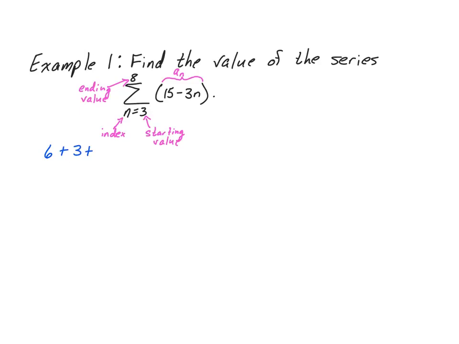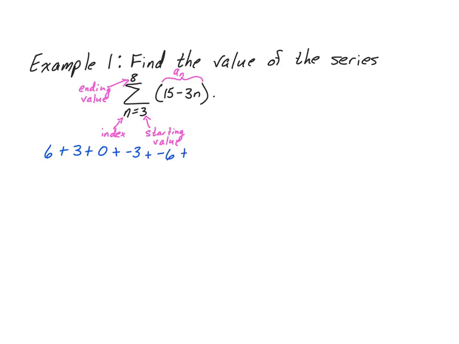The next number is 5. Plugging in a 5 is going to give us 0. Then we're going to plug in 6, which will give you negative 3. Then we'll plug in 7, which is negative 6.